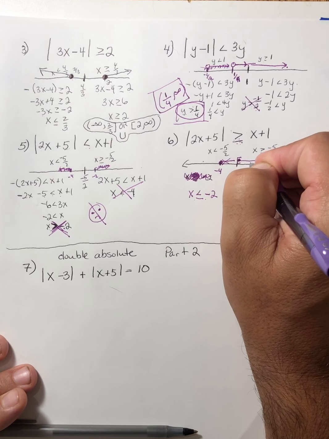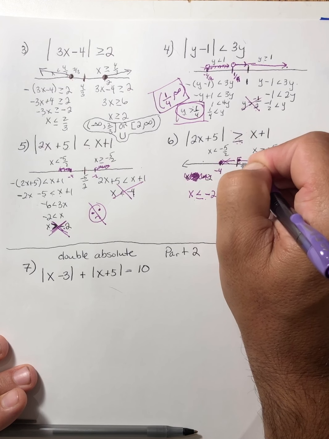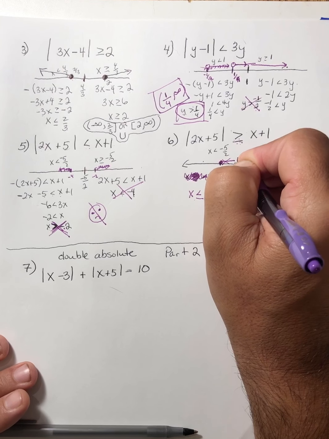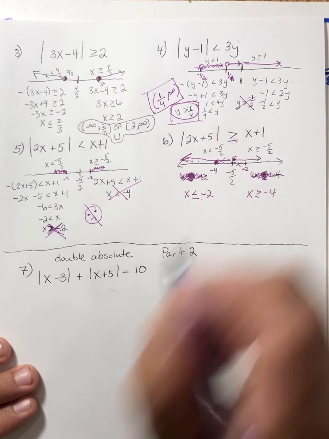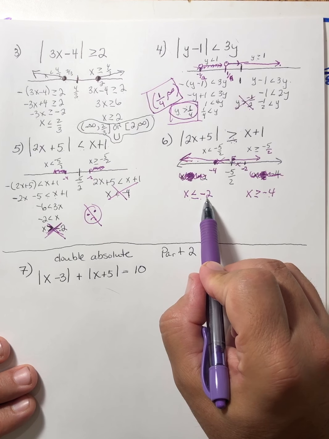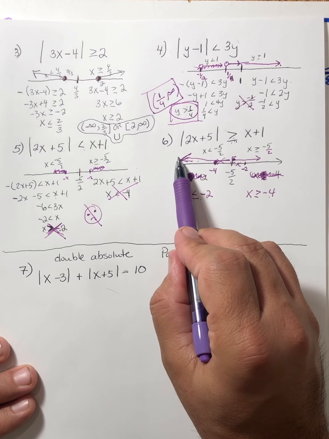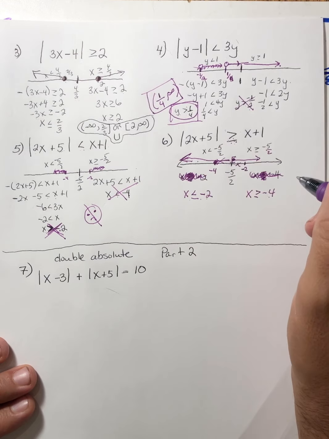Well, it doesn't exist on this side, so all of this over here doesn't exist for the negative 2, but it does exist everything to the left. So even though it was on the wrong side, it was shaded towards our special region. So we kept everything to the left of negative 5/2.